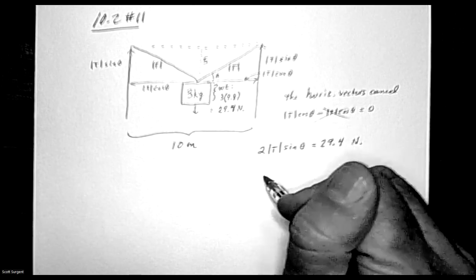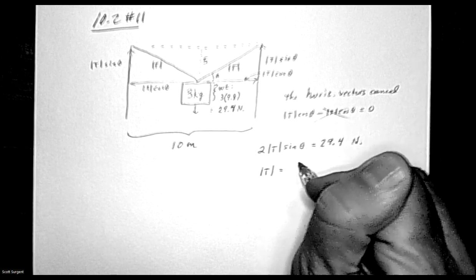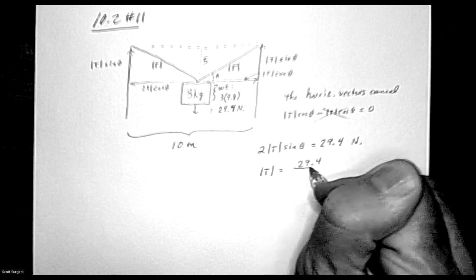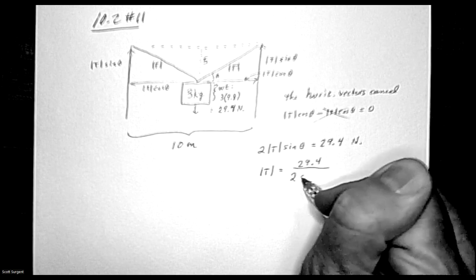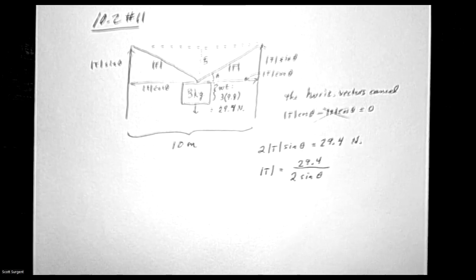Okay. I'll just go ahead and solve for mag t, and that's going to be 29.4 over 2 sine theta. And here's the deal. I don't really need to worry about what the angle is because I actually have enough information here to figure out sine theta.